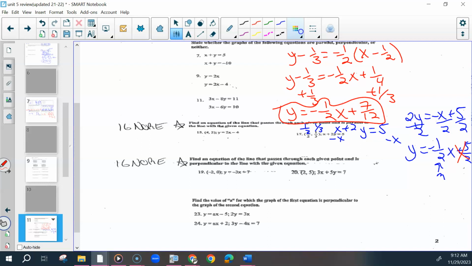Other questions on this page? Questions on the next page?